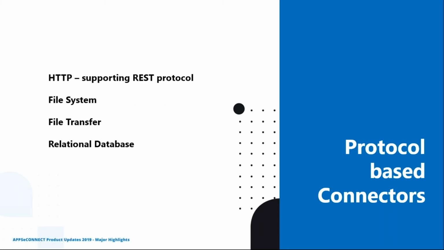It can be a database. You can get data from a relational database, which can be Oracle, SQL Server, or anything, and you can put it in SAP or any application that we provide, or you can connect to your custom made application using the REST protocol as well. So it is according to your wish, where you are trying to get data from and where you are trying to push data to.